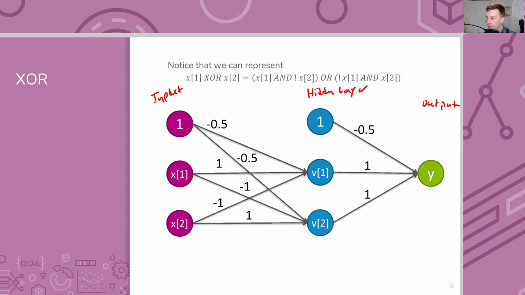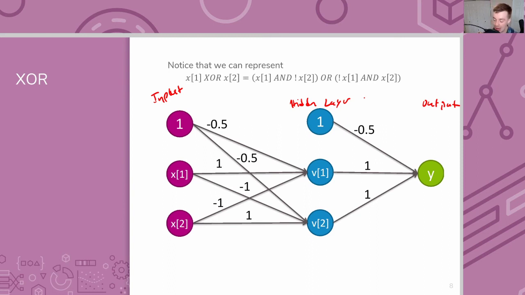The intuition is that without even thinking about neural networks, you can represent XOR as a more complicated Boolean formula. XOR, another way of describing it, is x1 and not x2, or not x1 and x2. So that's a more complicated way of saying what XOR is. It's x1 and not x2, or it's not x1 and x2.